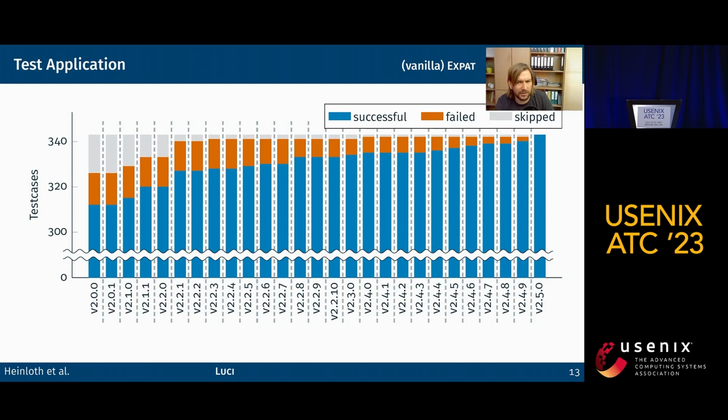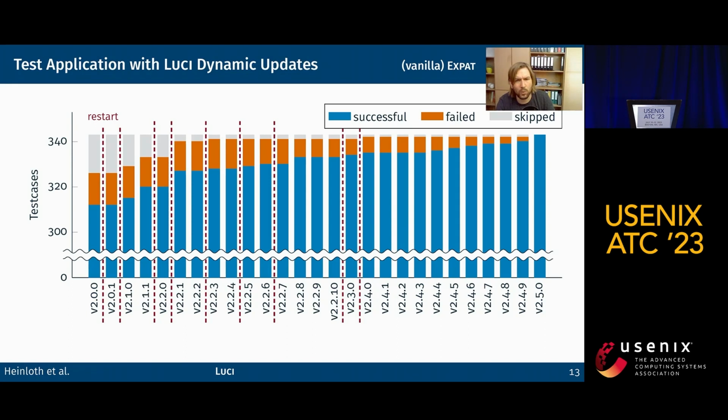When executing the test application 27 times with each version using the default glibc dynamic linker, we can see the number of successful test cases increases due to the fixes introduced in each subsequent release of Expat. But with Luci, we are required to restart the application only 9 times. This is due to the previously shown incompatibilities.